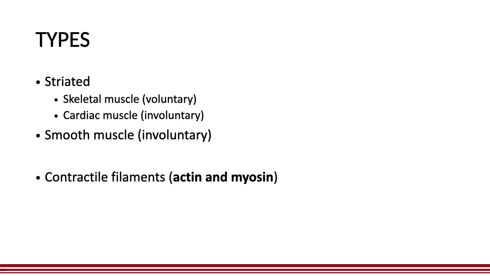Now, smooth muscle, on the other hand, is characterized by the absence of striations, unlike striated muscles, and is found in the walls of hollow organs such as the intestines, blood vessels, the uterus. It is responsible for controlling the flow of fluids and food and other substances through these organs.